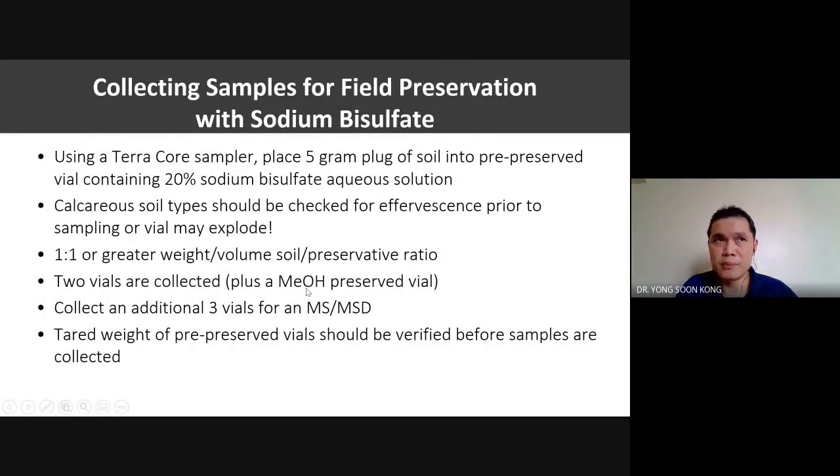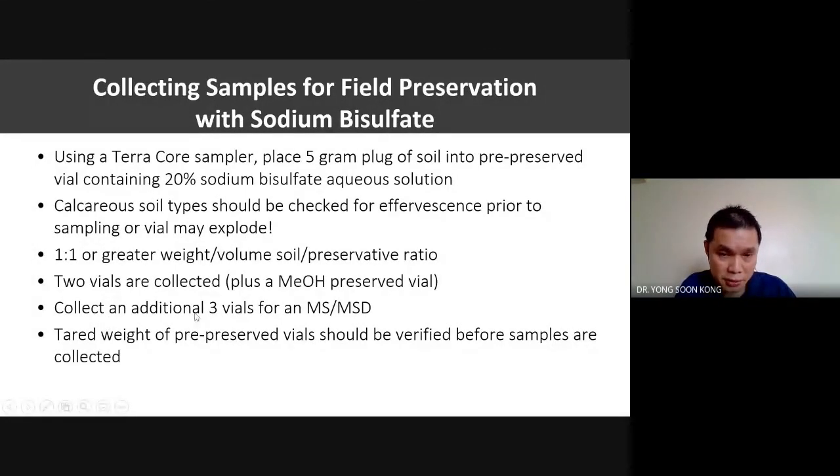Sometimes people compare these two because when you go to the site, most of the time you don't know how much VOC you have. So most likely you're going to have 2 preservatives, either methanol or sodium bisulfate. But you want to be safe, you don't know whether it's high or low, then you do both. 1 sample with methanol, 1 more sample with sodium bisulfate.